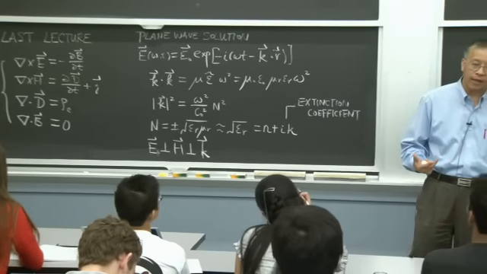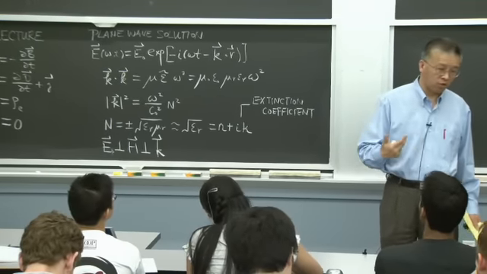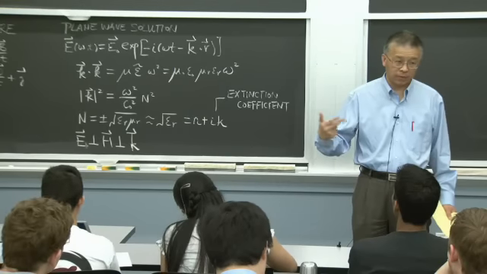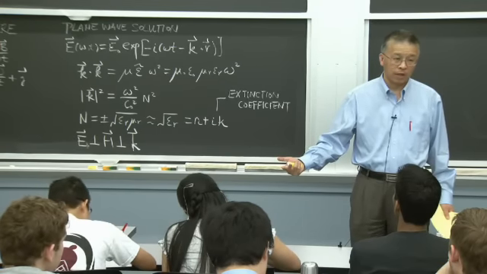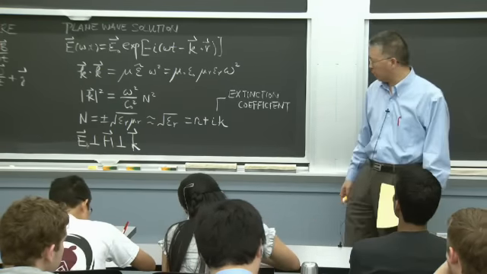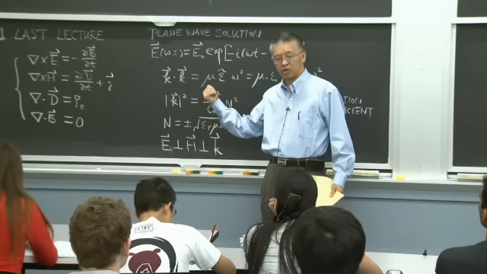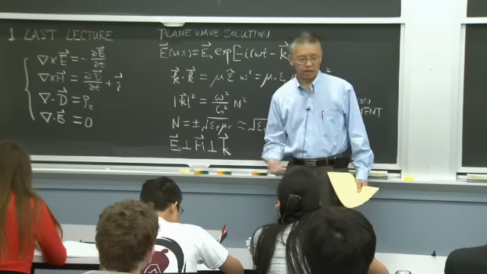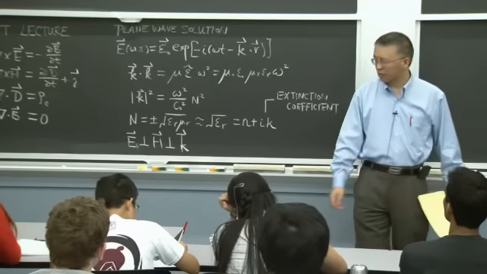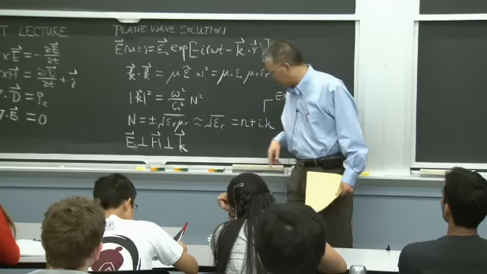That's why an electromagnetic wave is a transverse wave. And normally it's a right-handed wave because E cross H gives you the k direction. That's when you take the square root as positive.